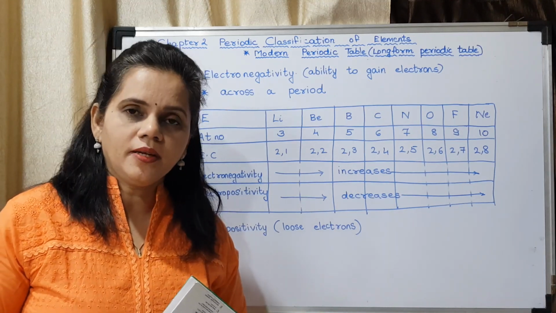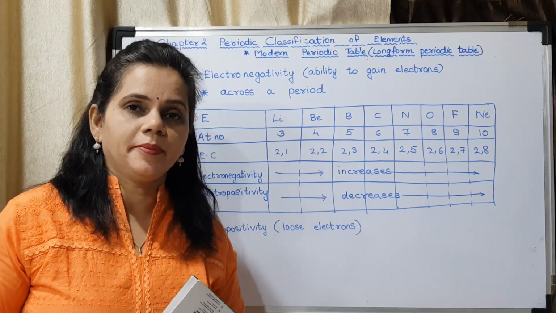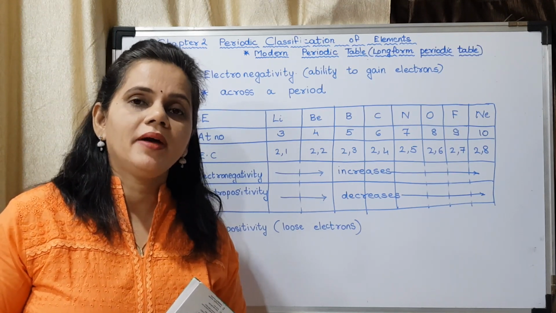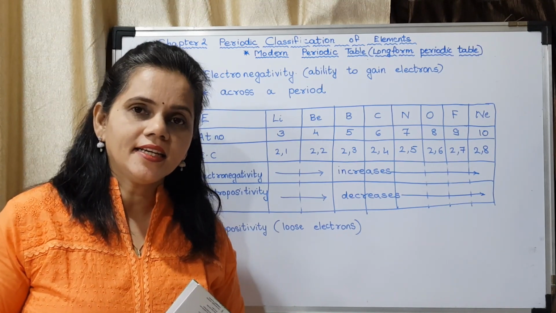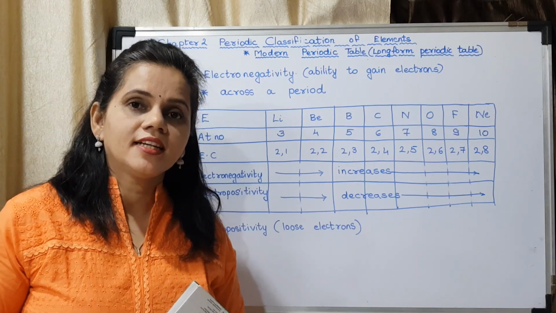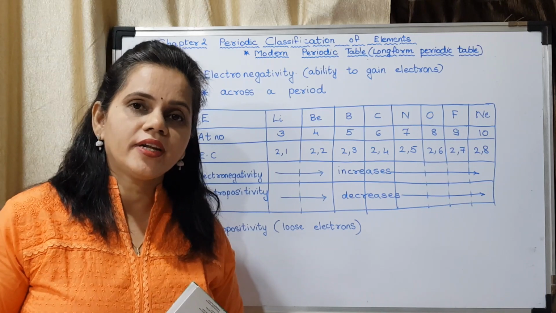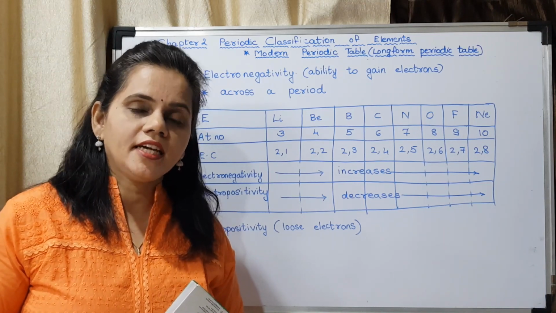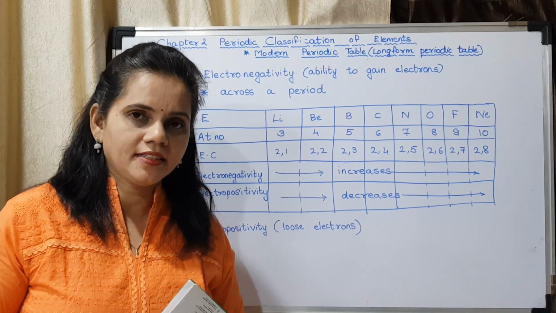Hydrogen 1, helium 0, lithium 1, beryllium 2, boron 3, carbon 4, nitrogen 3, oxygen 2, fluorine 1, neon 0. You may check.